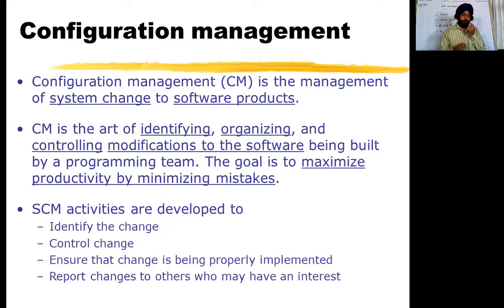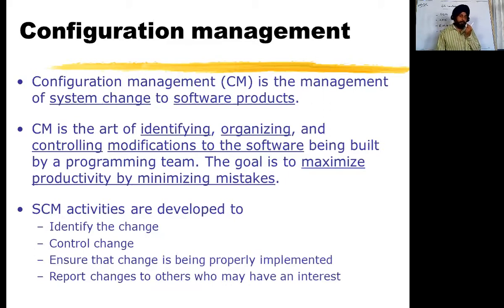Because change is the law of nature, from time to time we have to bring changes or modifications in a software product according to the demands, or because of some fault creeping in. We have to control those modifications so that they do not have side effects on other modules.